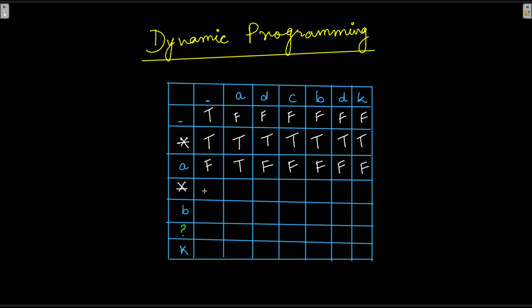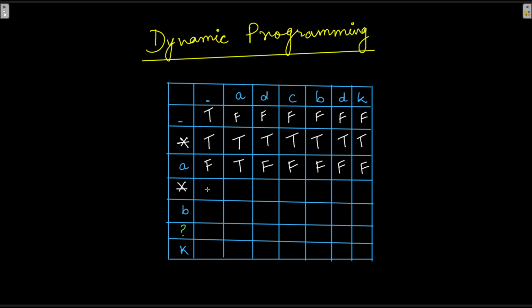Now we get to use another asterisk and see what happens this time. So what would this one mean? Star A star, right? And this pattern is going to be tested against empty string. Now because there was a previous character and that is F, asterisk here can also not be true.